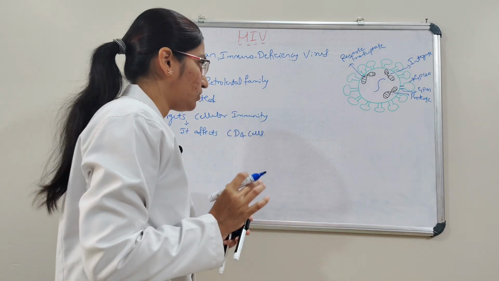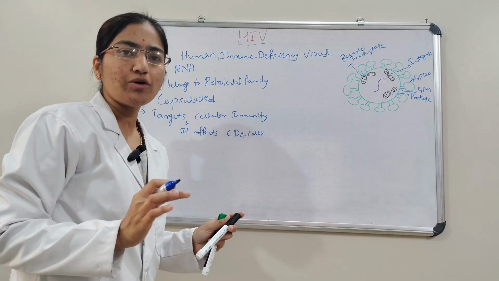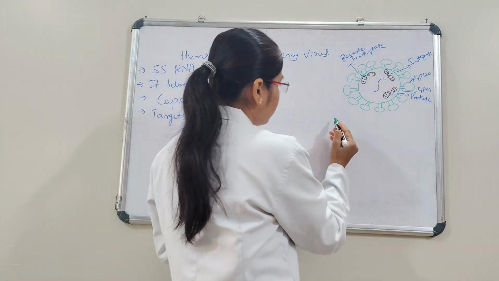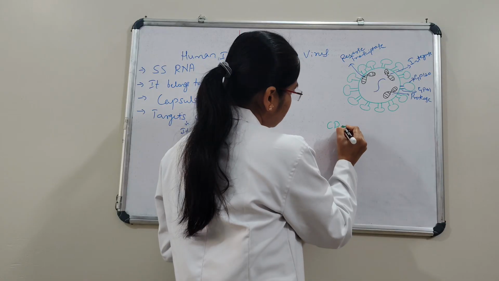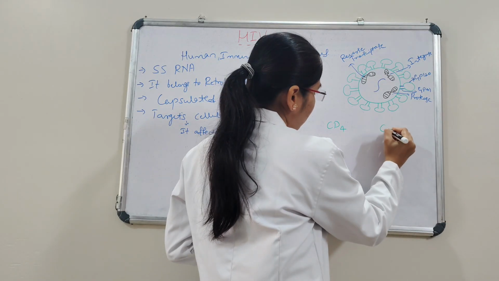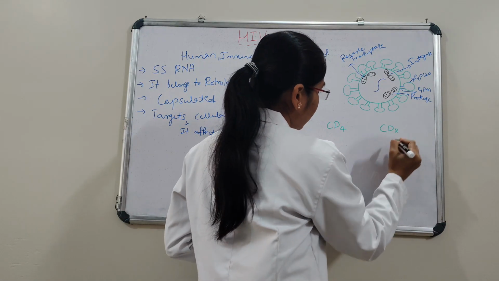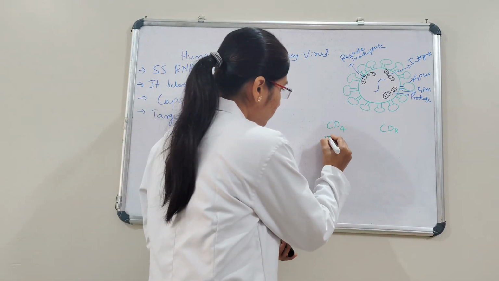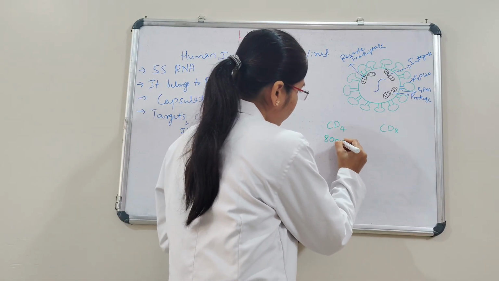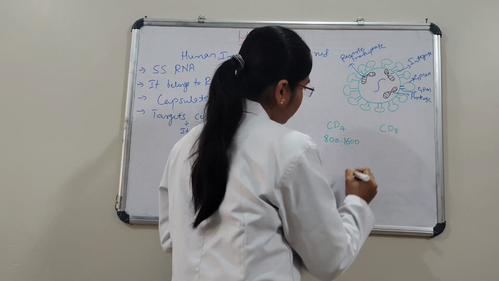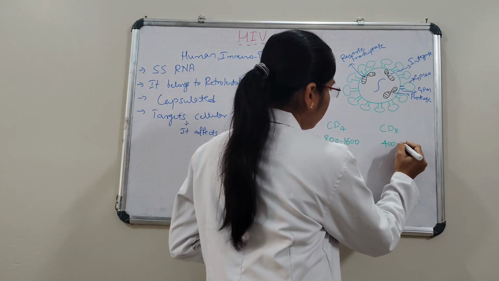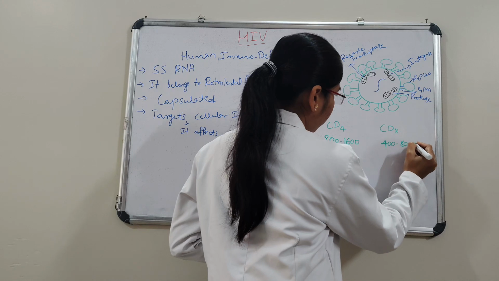The normal range of CD4 cells is 800 to 1600, and then CD8 cells is 400 to 800.